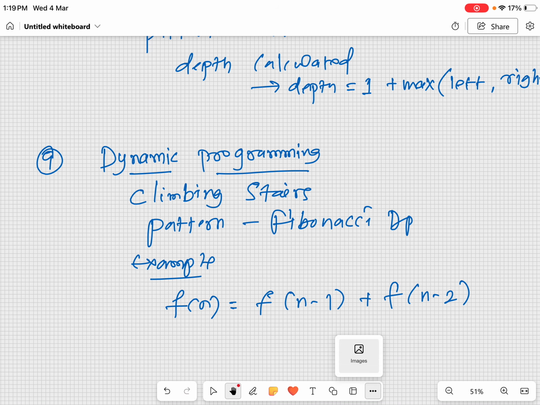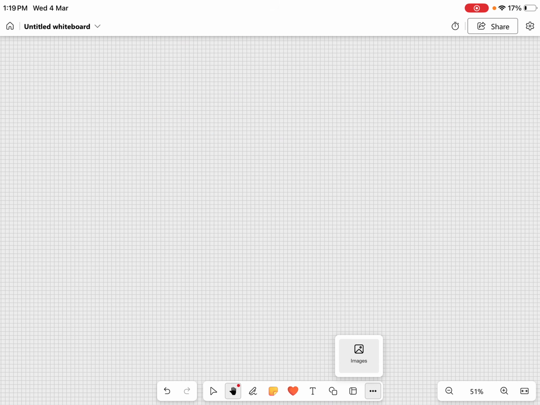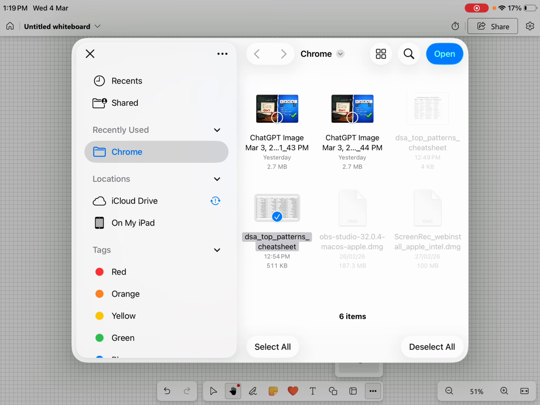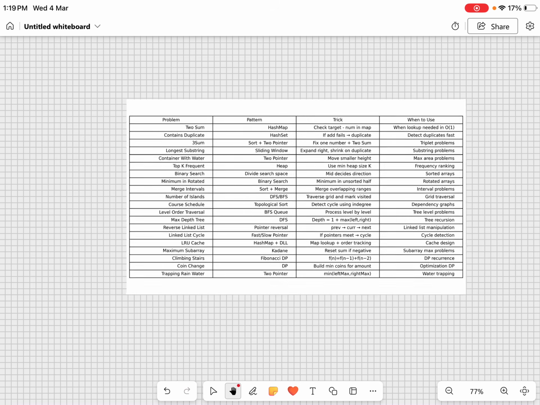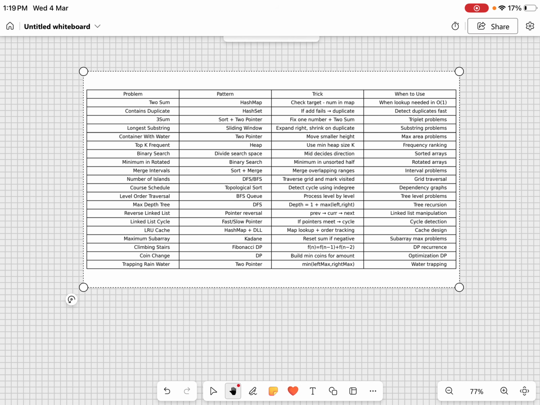So let me show the entire set of patterns here. Here we have two sum, contains duplicate, three sum, longest substring, container with most water. So you can see we have listed problem, pattern, trick, and when to use.